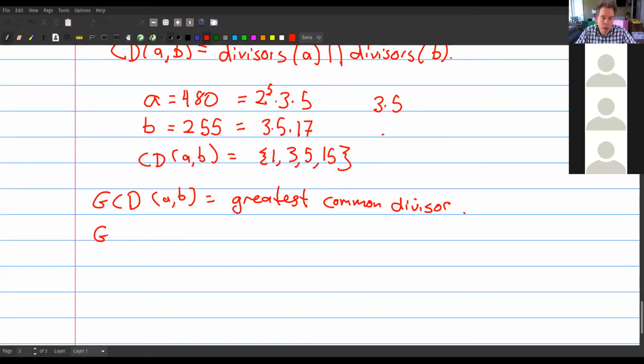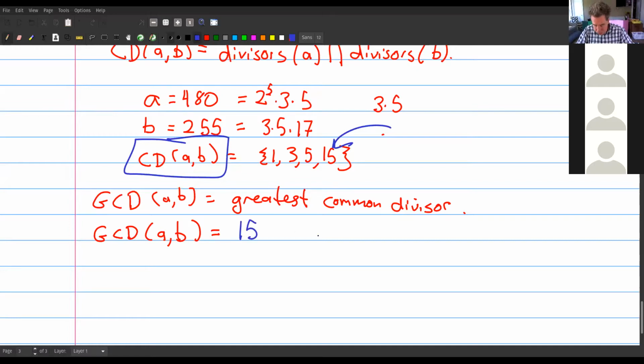So for these two numbers, what is the greatest common divisor? Here are the common divisors. Which one is the biggest number in the set? 15. Yeah, so it's 15.